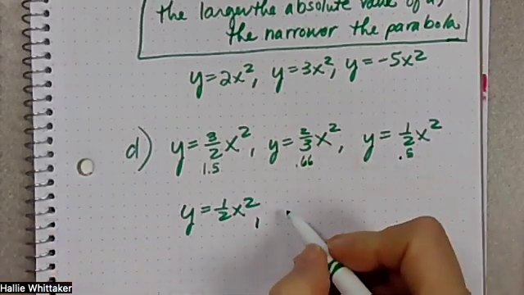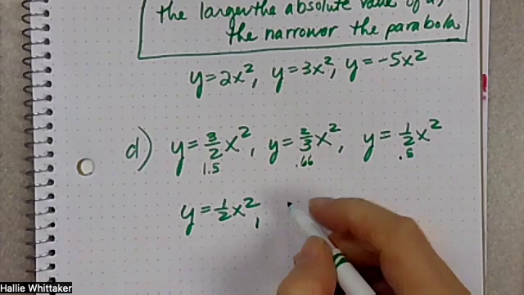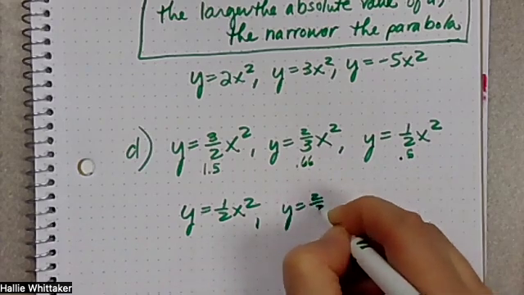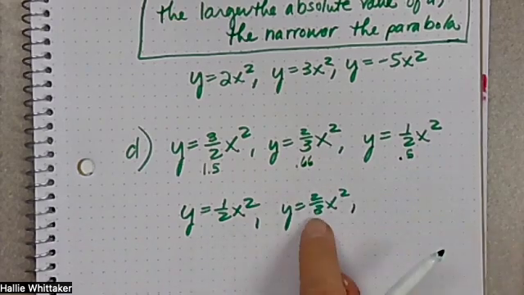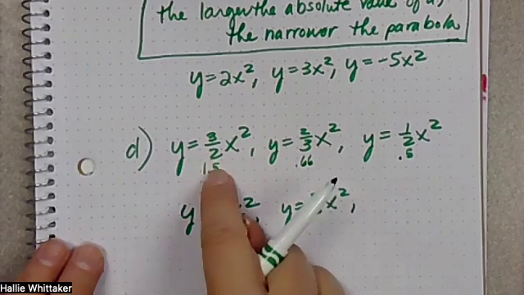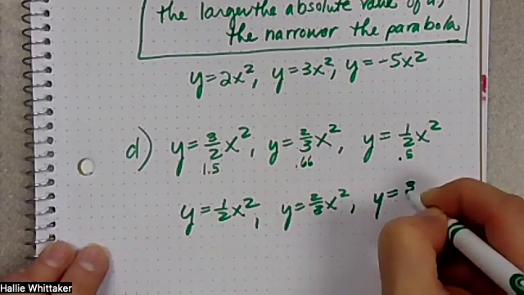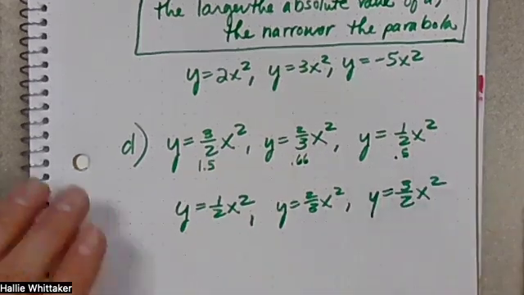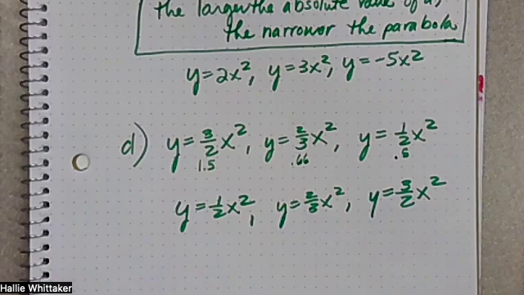Now, which one's in the middle? Yeah, y equals 2/3 x squared is the one in the middle. And which one has the highest absolute value? You got it. That's going to be the most narrow. I know those are a little bit harder to wrap your brain around, but I think with some practice, you can get them.